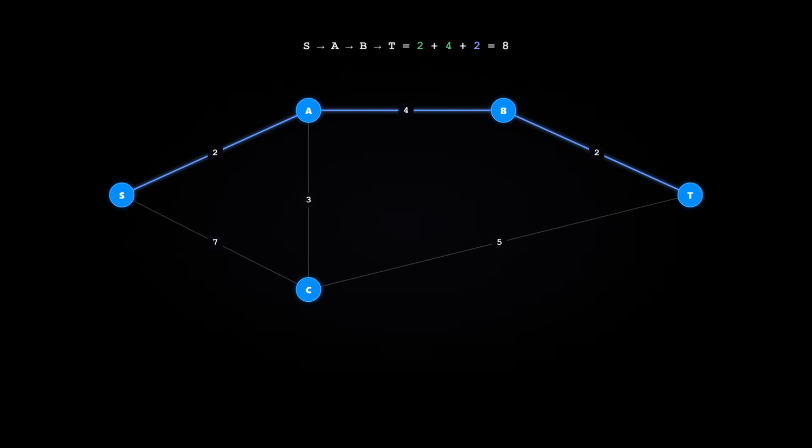Now here's the important part. Look at just a chunk of that path, the path that goes from S to A to B. That costs 6, and that chunk has to be the cheapest way to get from S to B.